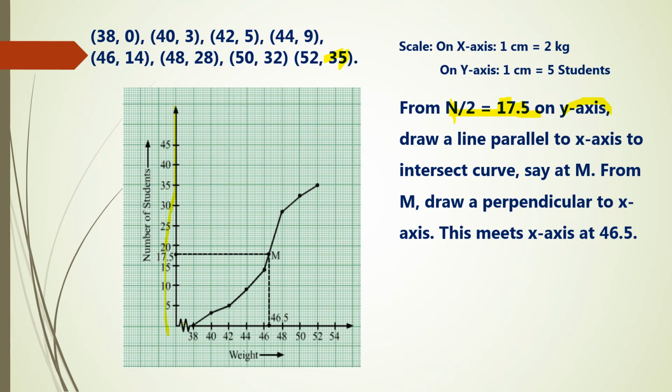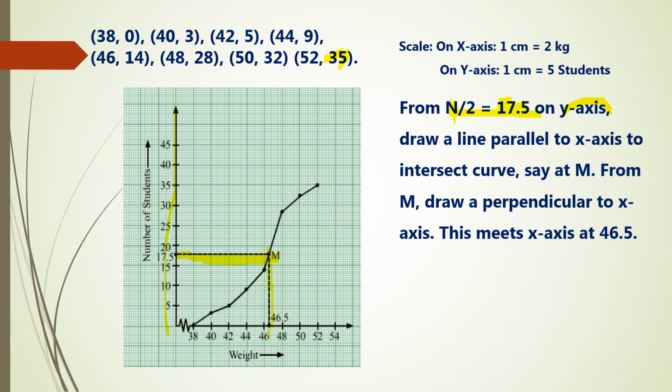Now from this 17.5, draw a line parallel to the x-axis. No doubt this line will meet the curve, the less than ogive, at some point, the point M. Now from the point M, draw a perpendicular to the x-axis. It's very clear. The perpendicular meets the x-axis at some point.